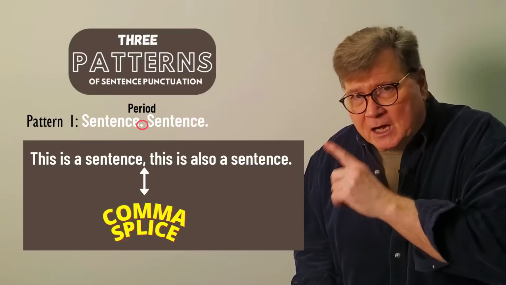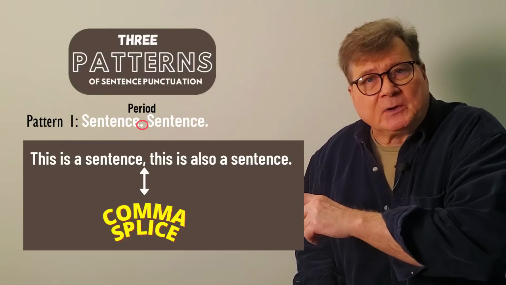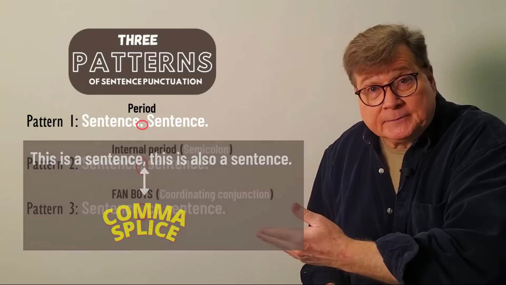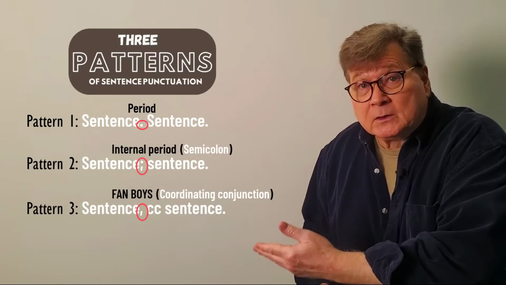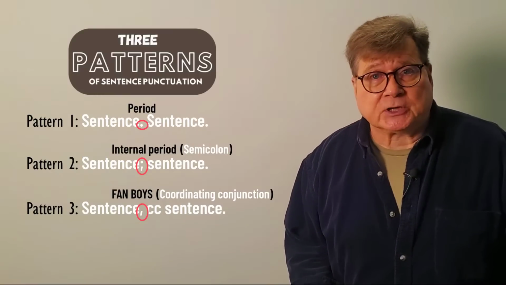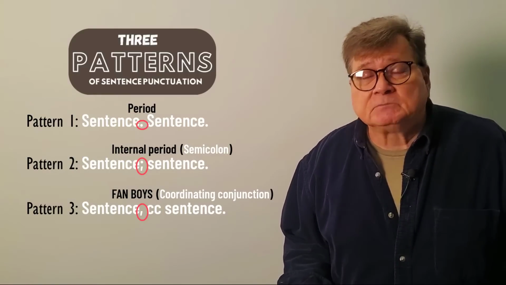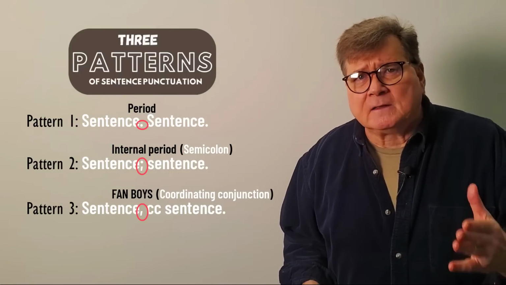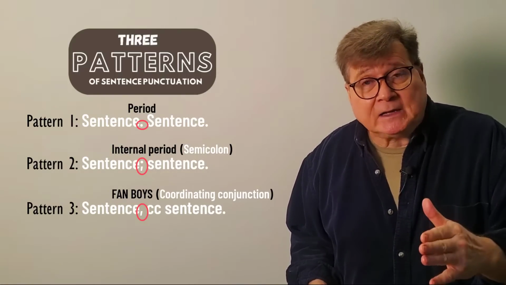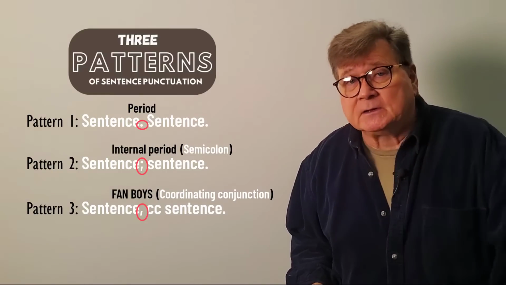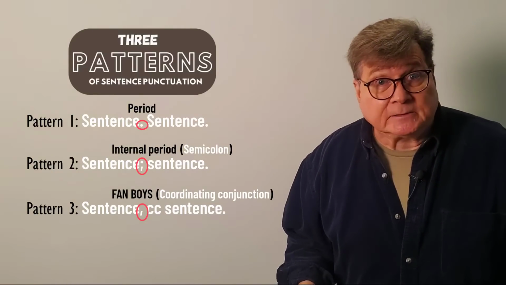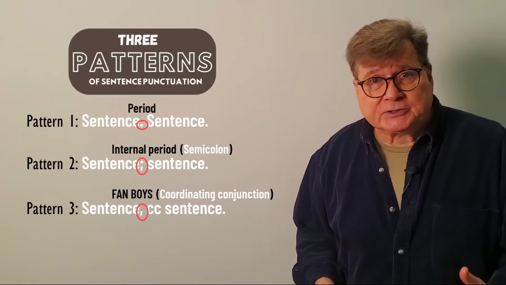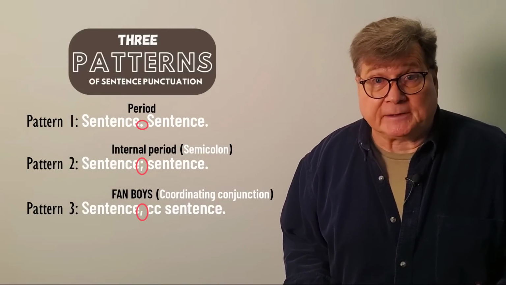To correct that comma splice, you simply change the punctuation to one of the three patterns: a period, a semicolon, or a comma and a coordinating conjunction. Which one should you choose? They're all the same, they all work well. Choose the method that's best for your meaning in your sentence at that given time. So that's it. Remember the three patterns of sentence punctuation, and you're all set.